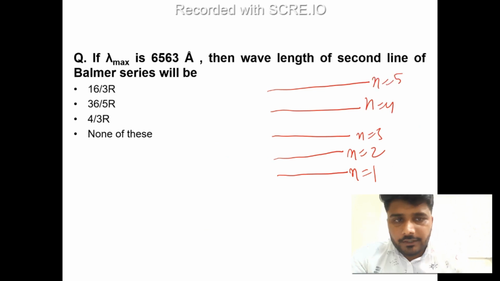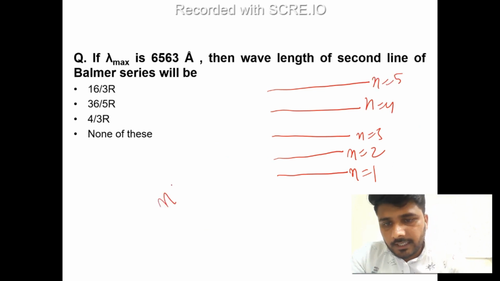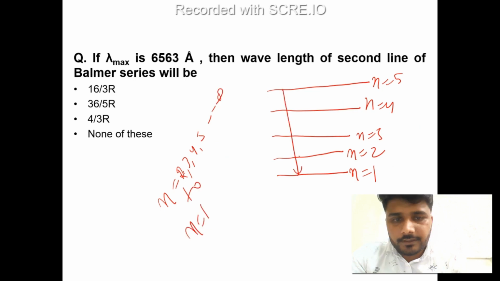If you get the transition from n equal to 2, 3, 4, 5 and so on up to infinity to n equal to 1, then this will be called the Lyman series.